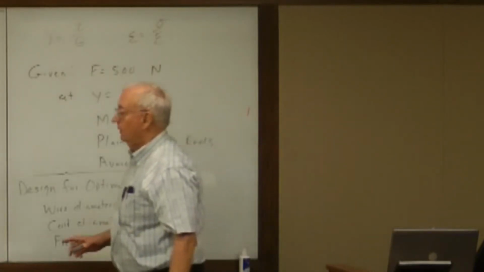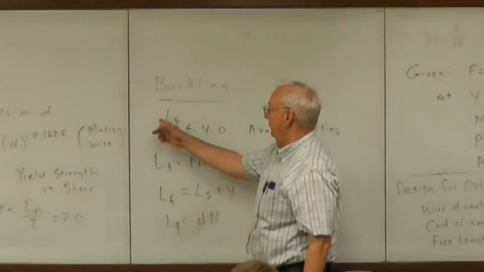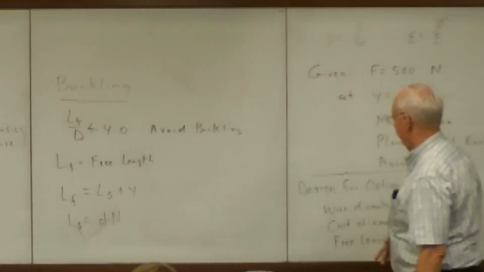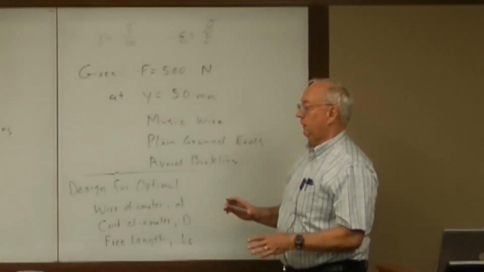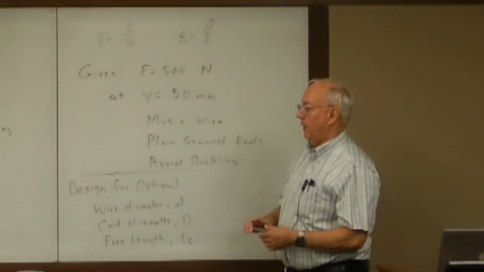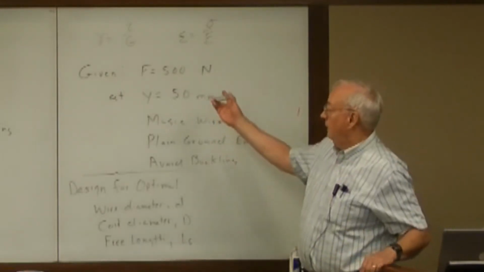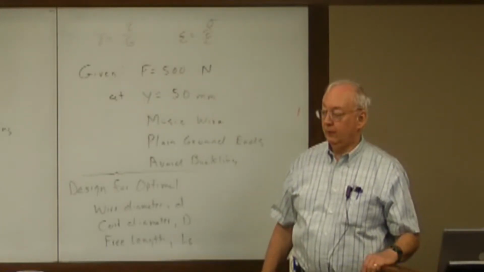More coils makes it buckle easier. So more coils makes it higher L_f, makes it buckle easier. So that's a limit. You don't want too many coils or it buckles. You don't want too few coils or you can't get the deflection you need. So that has to be optimized some way.